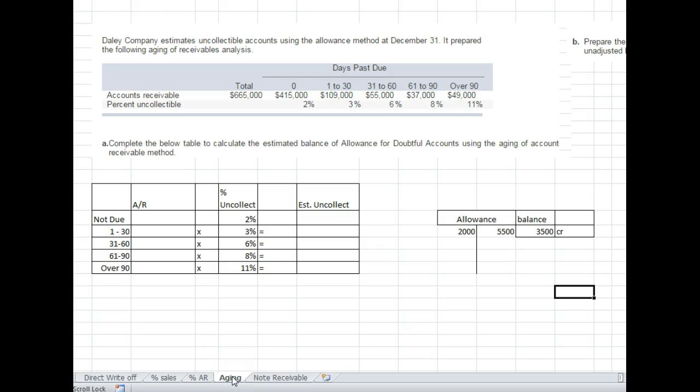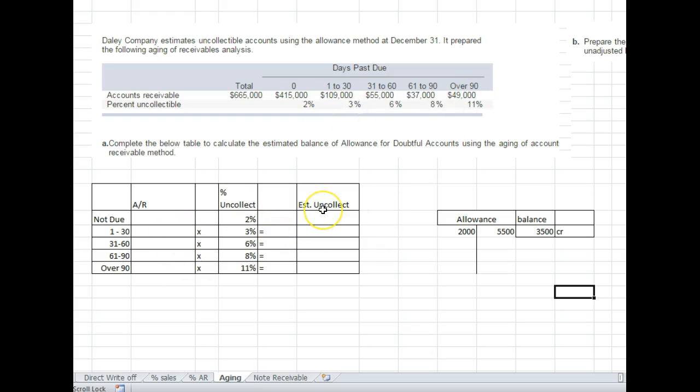The one that's used for precision, if you want to call it precision, is the aging of accounts, where you look at each period of accounts that you have, such as not due, due, overdue, 1 to 30, 30 to 60, etc. And each one of those is assigned a percentage of being bad.